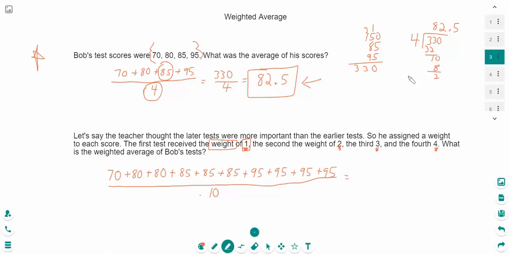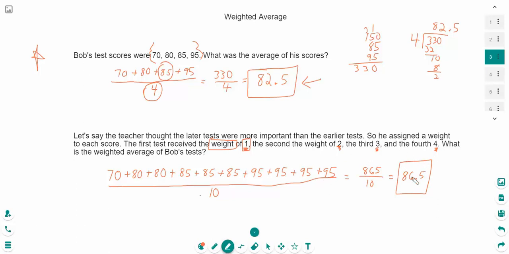We'll add all these up, and I'll do that quickly. So it would be 865 divided by 10, and we just need to move the decimal over, so we end up with 86.5. So his final average is an 86.5.